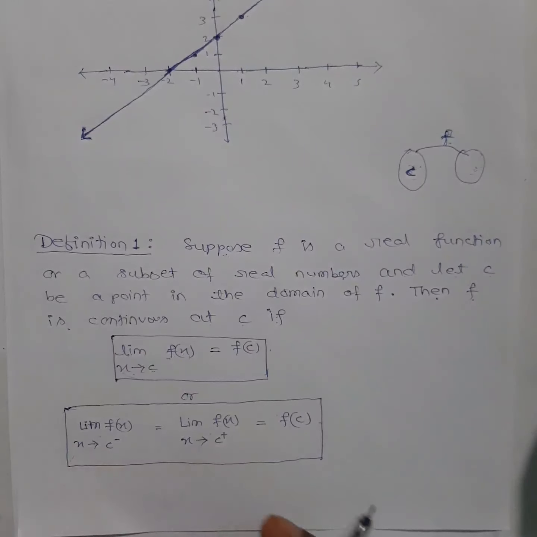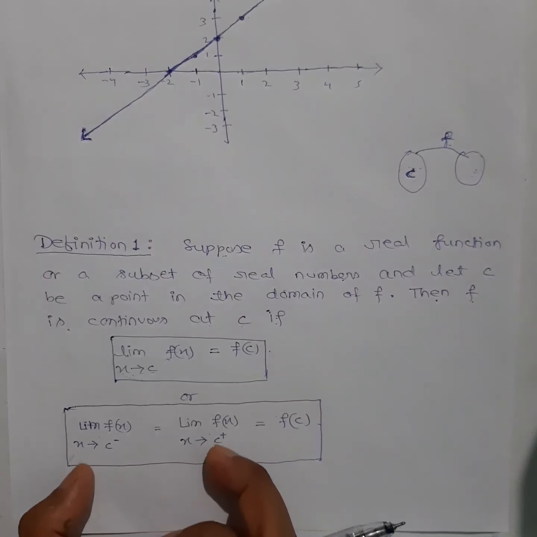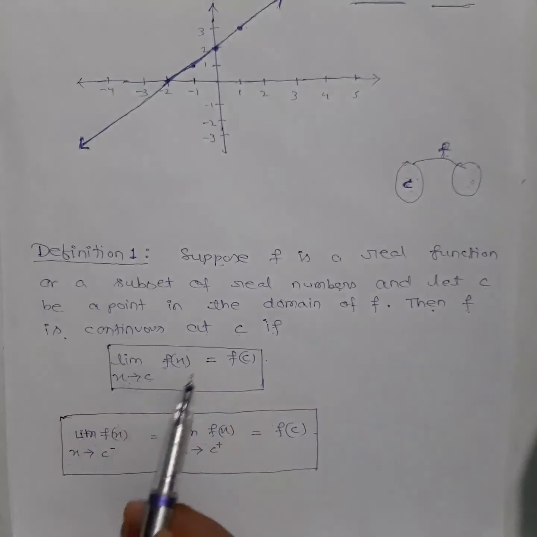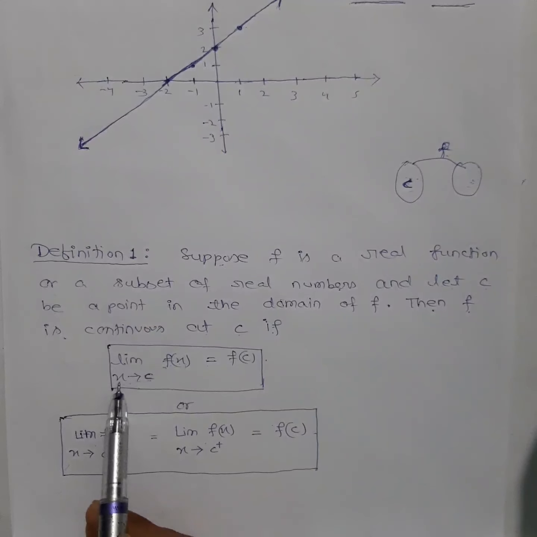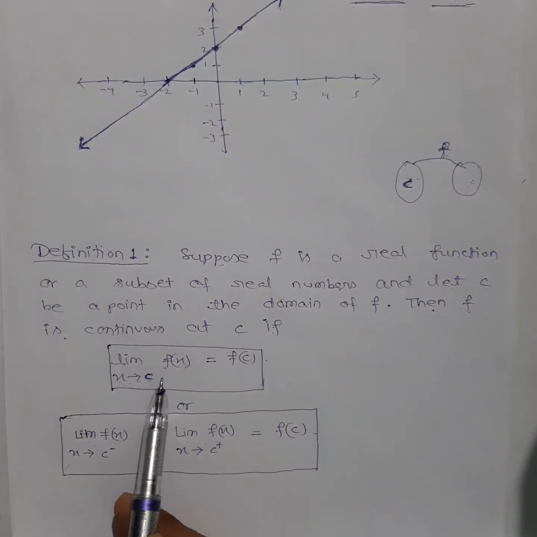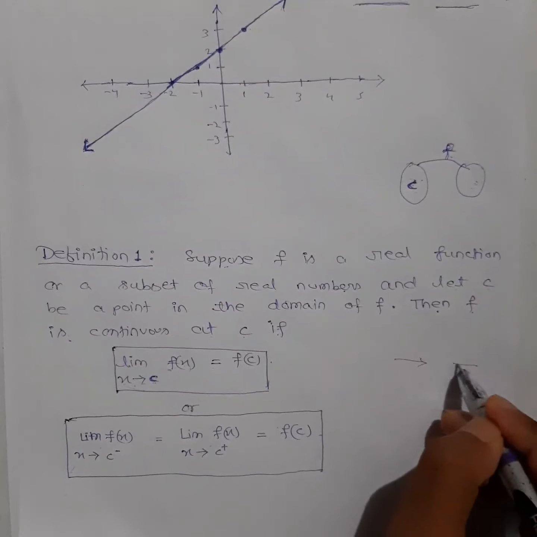Remember we did in class 11 the definition. When your left limit and right limit both exist and are equal, then we can say the limit exists. Then we can write limit x tends to c. When we write limit x tends to c, try to understand that its left limit as well as right limit, means c minus and c plus, are both the same, equal, means f(x) is approaching the same point.